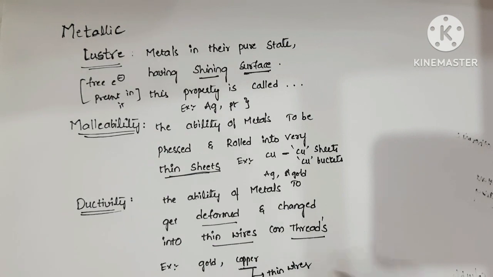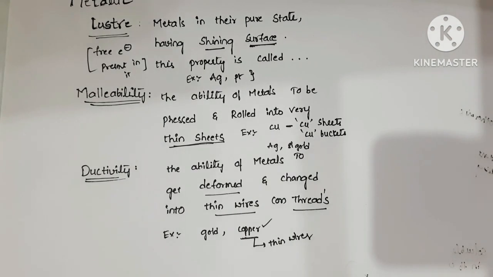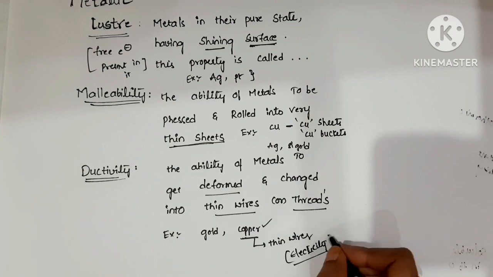These thin wires are used in electricity boards and electricity wiring. Why? Because copper is a good conductor of electricity. That's why copper is required to make thin wires, which we use for electricity purposes.